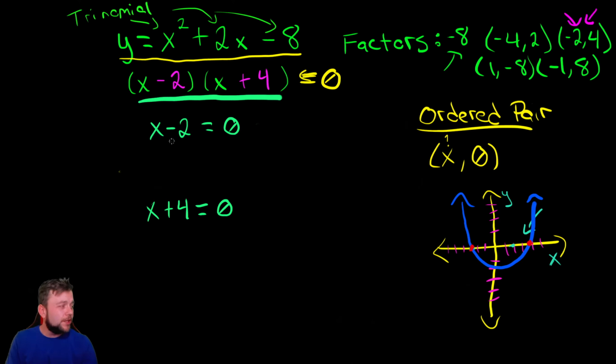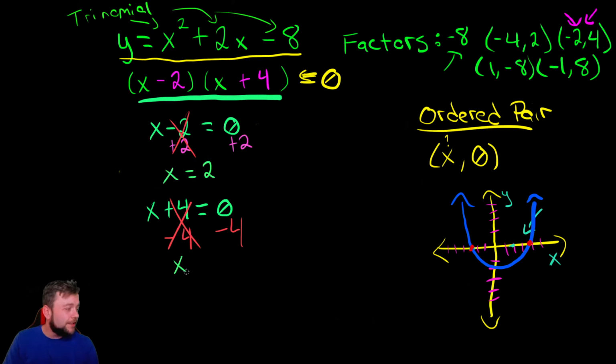We solve them by adding the 2, the inverse operation. This 2 on the left side cancels out. And then you subtract the 4 here and subtract 4 there. The 4's cancel out, and what you are left with is x equals 2 and x equals negative 4.